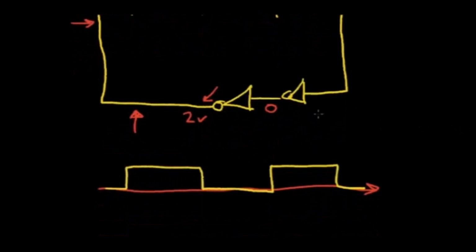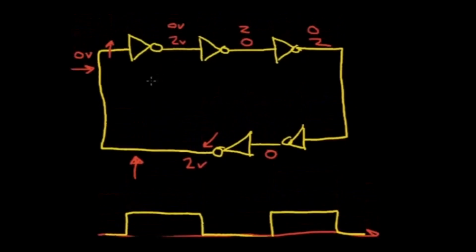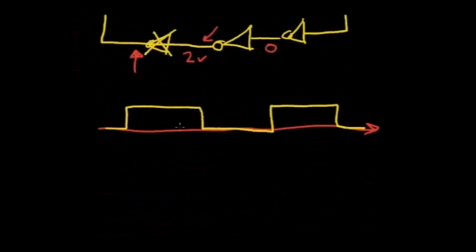And as long as you have an odd number of inverters, this thing will oscillate. If I were to add another inverter in here, it would become stable. It wouldn't oscillate anymore. But as long as I have an odd number of inverters, I'll get the square wave output. Now if I add more inverters, instead of 5 inverters, say I add 11 inverters, the delay times will get longer.